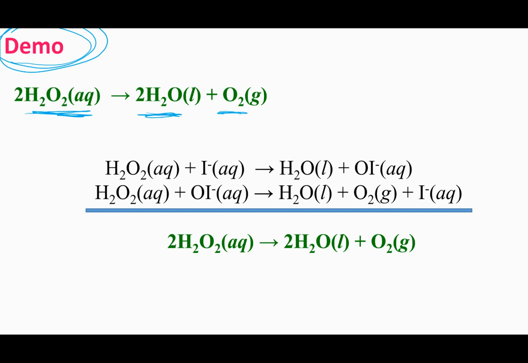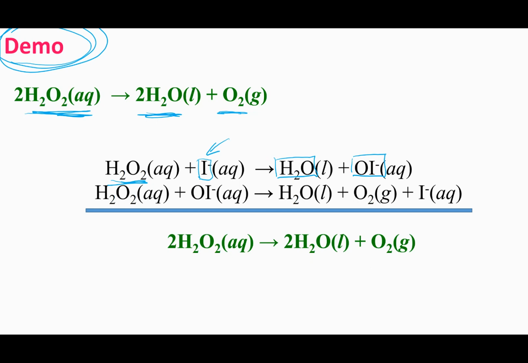And so what that gentleman added was iodide, I minus right here, and this is going to be our catalyst. So let's go ahead and see what the reaction is. We have hydrogen peroxide combined with iodide, and you are going to make hypoiodite and an equivalent of water.